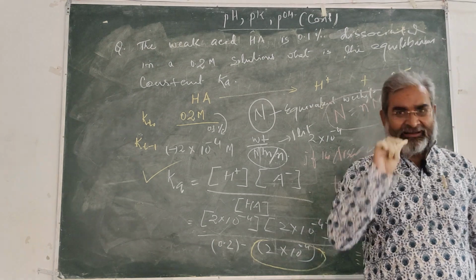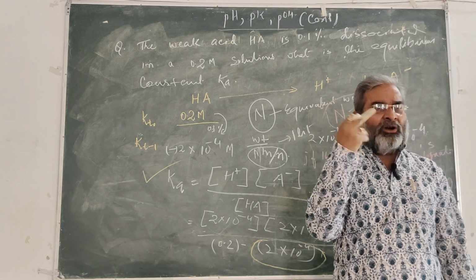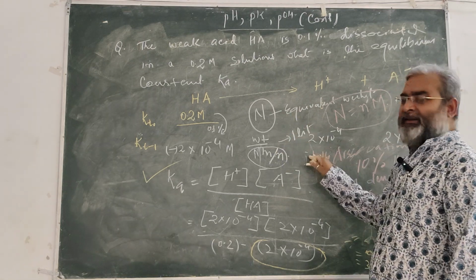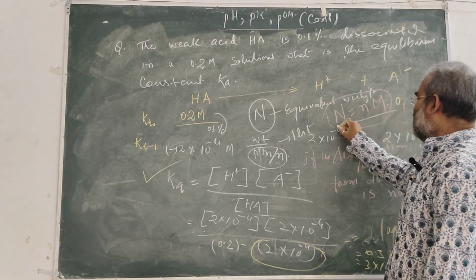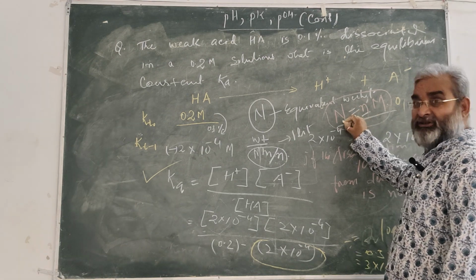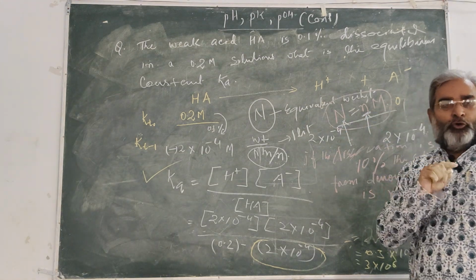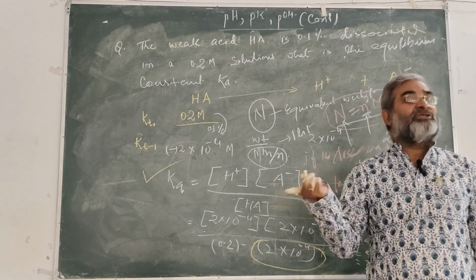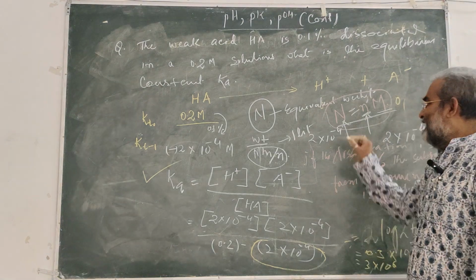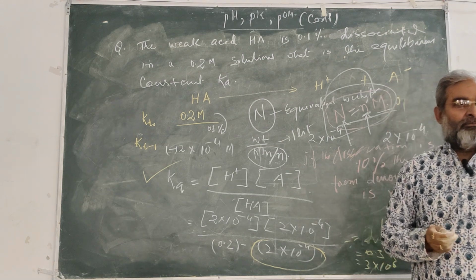Proton is released, electron is received. What does an acid do? It either releases a proton or receives an electron. Okay? And this is the normality, and when we develop the relationship, N is equal to n times M. Capital N is the normality of the solution, small n is the number of protons or electrons released or received, and M is the molarity of the solution. By this relationship, we first calculate the molarity, then proceed further. Clear?